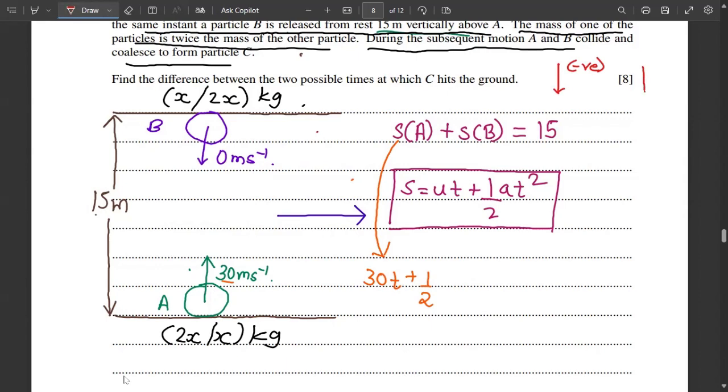If something is moving upwards, it is considered positive. Displacement, velocity, acceleration are all vector quantities, which means they have direction.